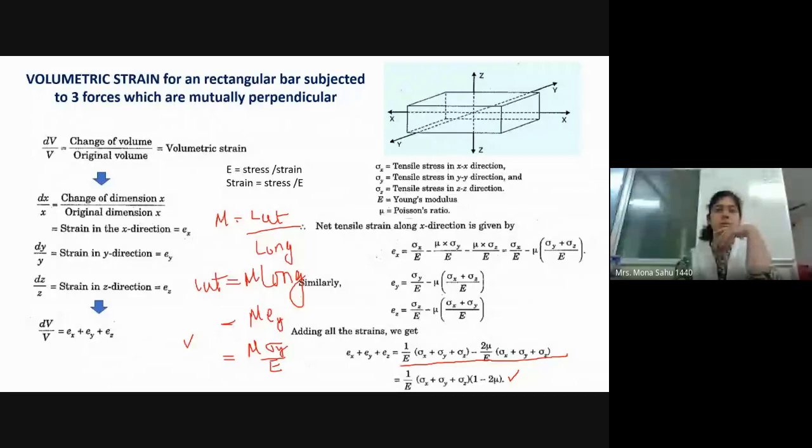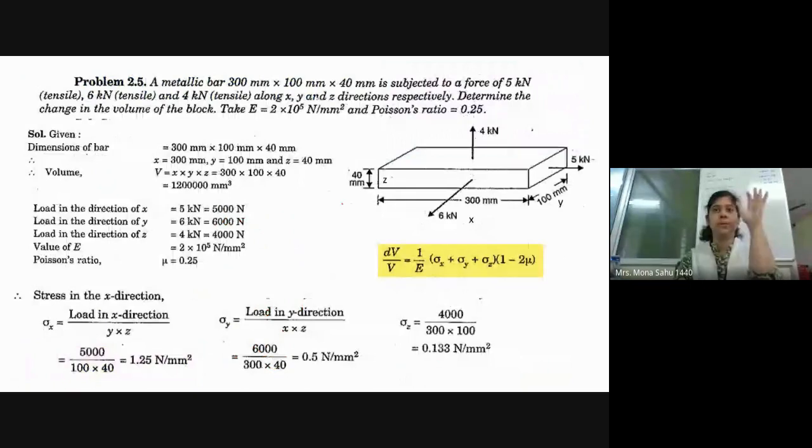Okay, so let's solve the next problem. So you can just write this. Okay, this is the final answer. Okay, so now let's go to our problem statement. This is our problem.